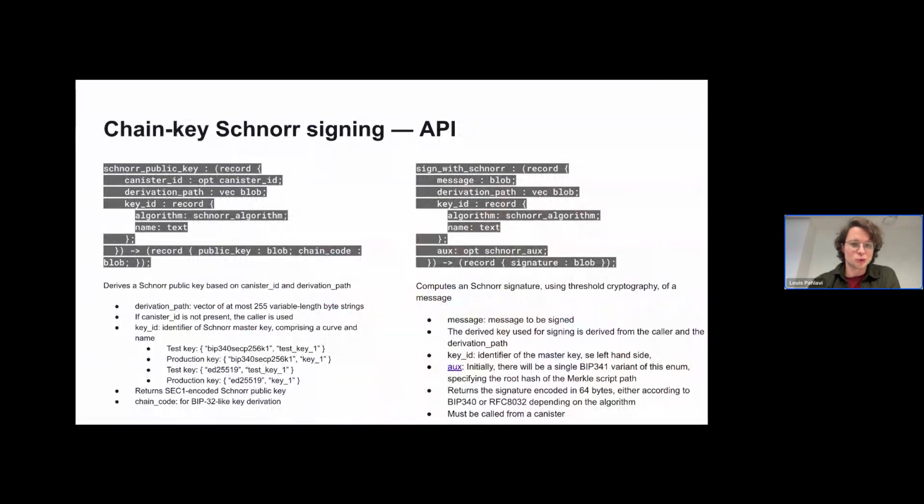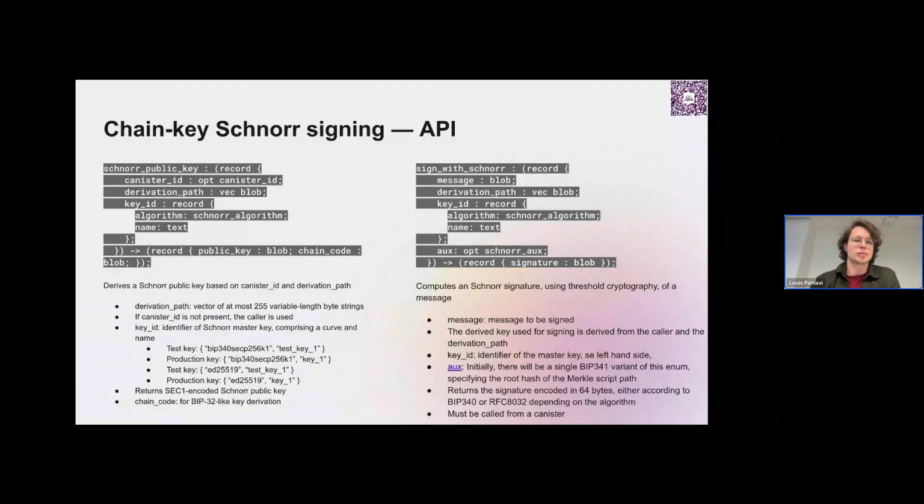So I won't go too much more into detail. This is probably the most technical part of the talk. But just to give you an idea, you have two methods that are available to canisters and that basically make up the chain key schnorr feature. There's one method on the left to actually get a public key given a canister ID and derivation path.